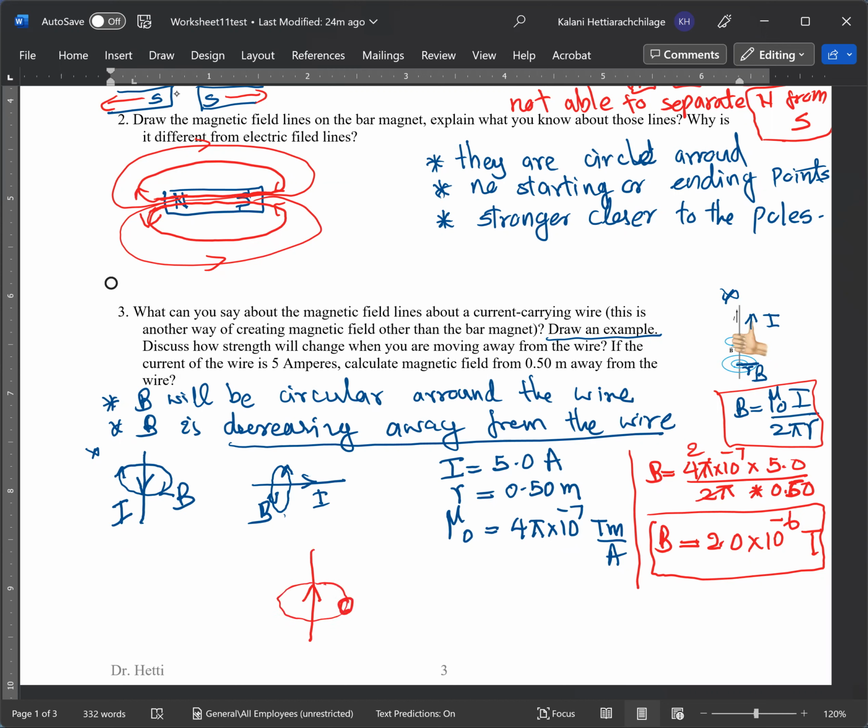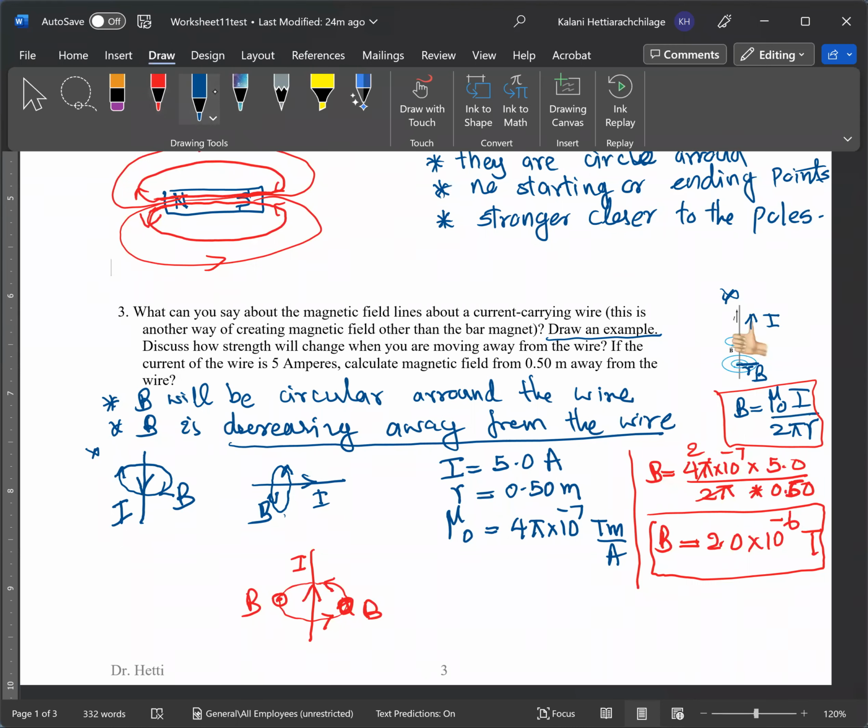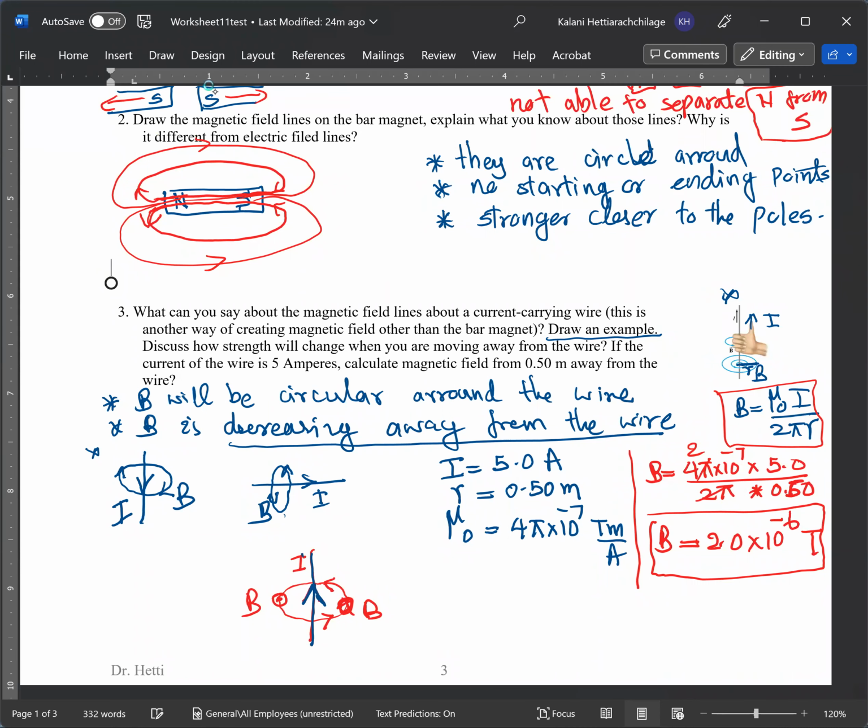That means on this side it seems like into the board, and on this side it seems out of the board. That's the direction of the magnetic field. This I is the current. Okay, let's label I in blue.